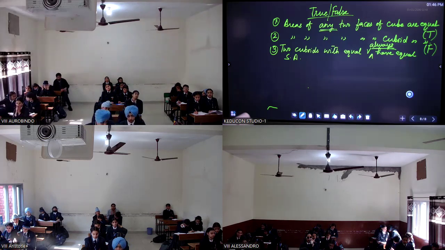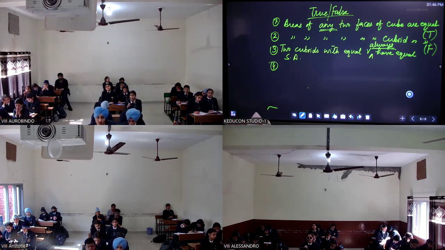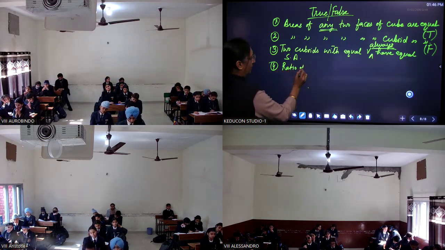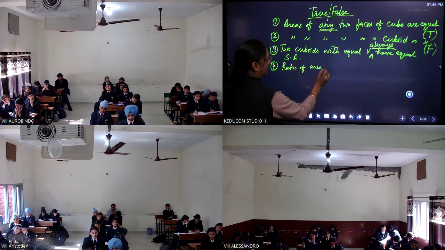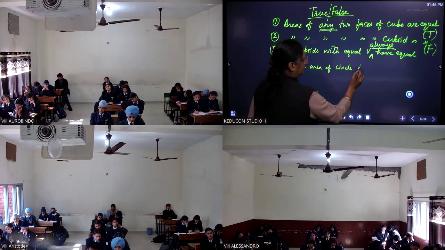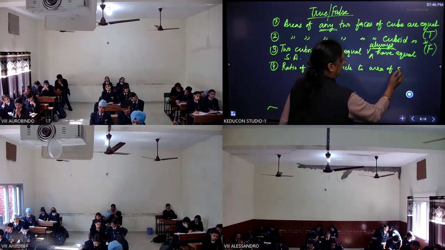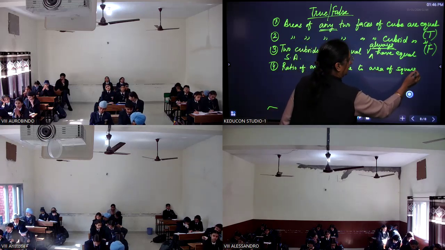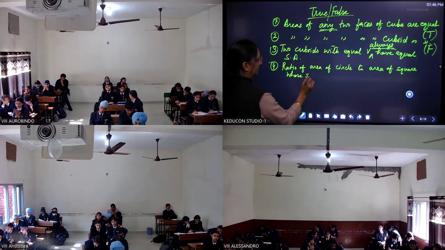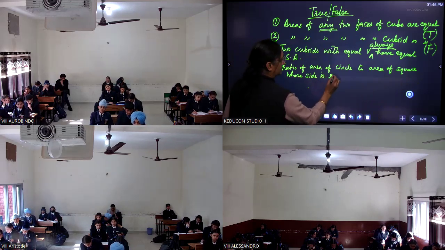Okay. One last question I am doing. The ratio of area of circle to area of square whose side is equal to the radius.